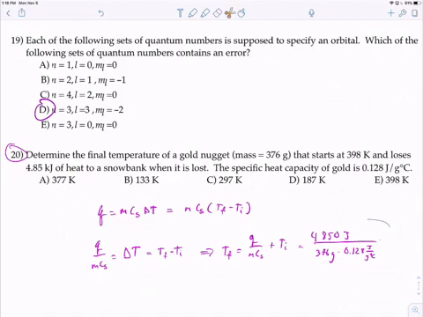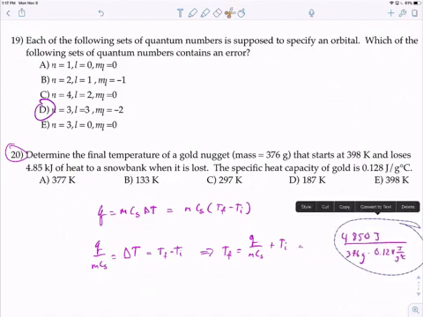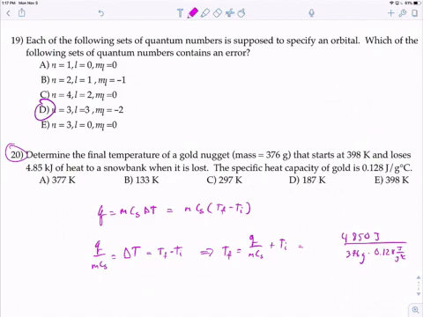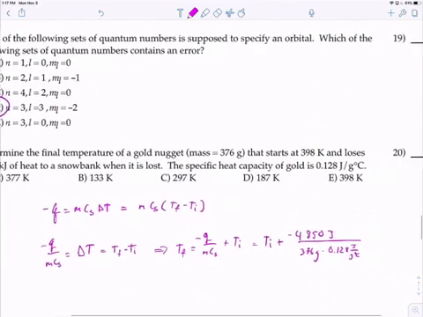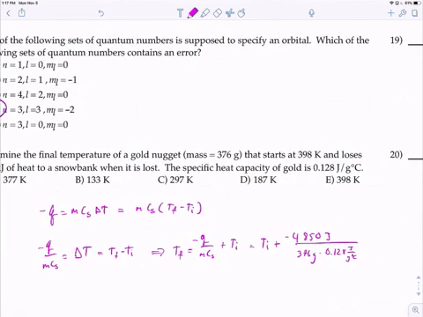All right, I got this the other way around. It's going to be T initial minus that. What am I doing? Oh, so because this is a negative direction, I see. Plus or minus that. Okay. All right. And what is T initial? 398.